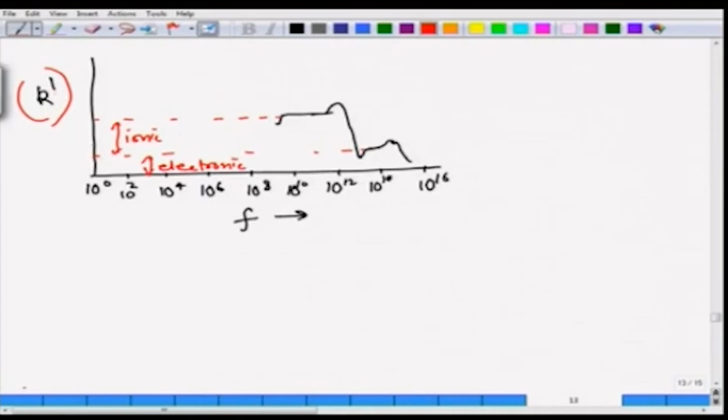Then if I go further, somewhere up to here the dipolar polarization operates. This is now dipolar, and then finally the space charge polarization, which is something like this.